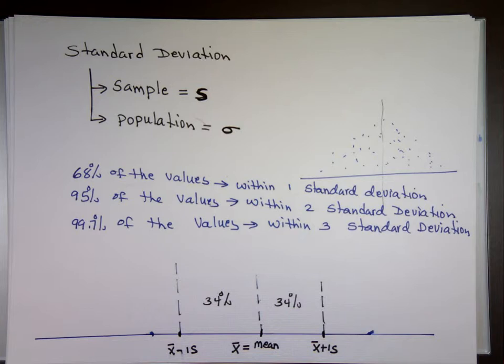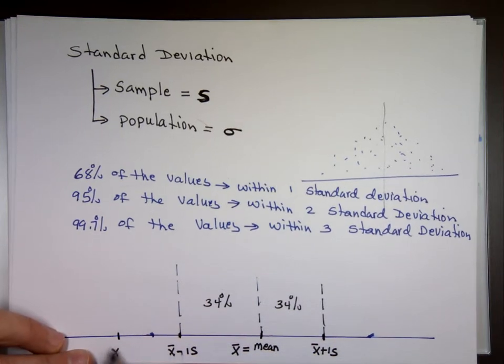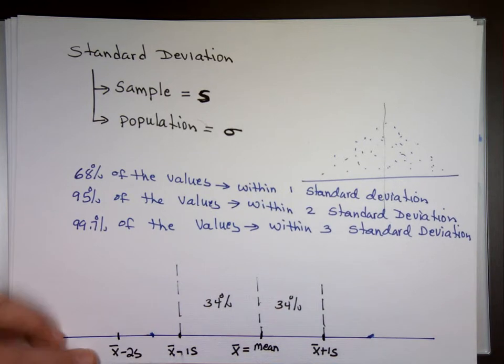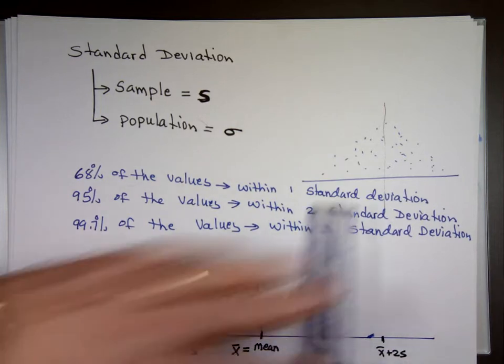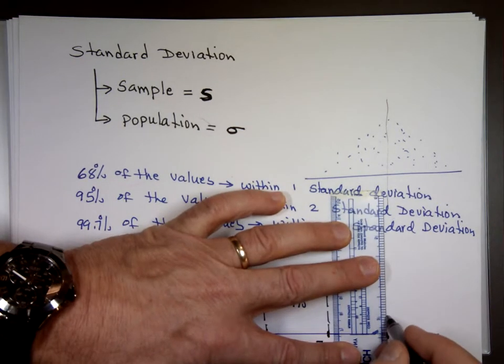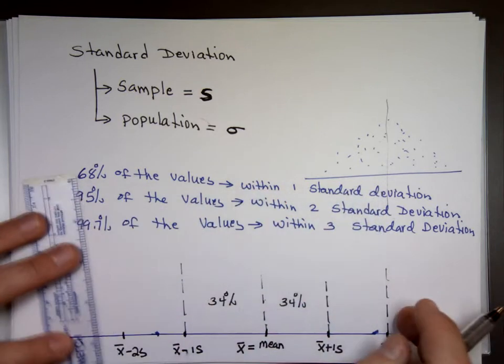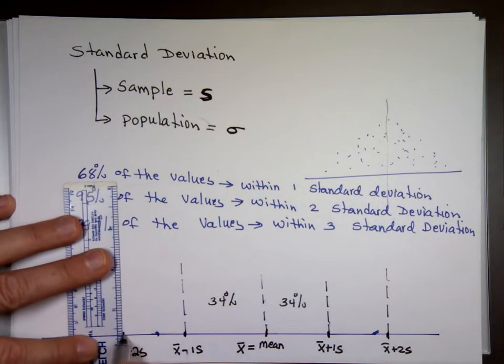95% of the values are within 2 standard deviations. So this is 2 standard deviations: x bar minus 2s, x bar plus 2s. 95% of the values between this dotted line and this dotted line.